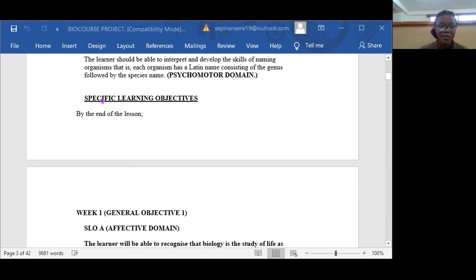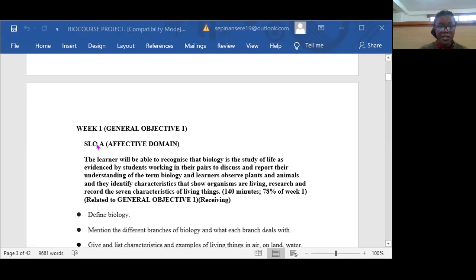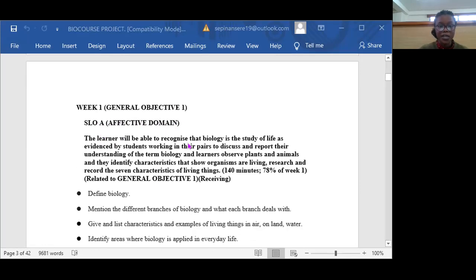Then I have the specific learning objectives. The first objective is SLOA. The SLOA is under the affective domain and under general objective 1. Here, the learner will be able to recognize that biology is the study of life, as evidenced by discussions in their groups and reporting their understanding of the term biology, and learners observe plants and animals as they identify characteristics that show organisms are living.